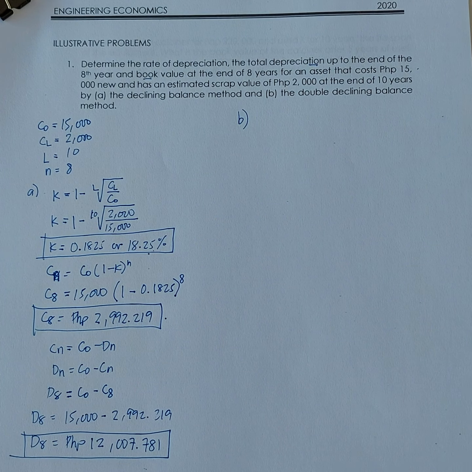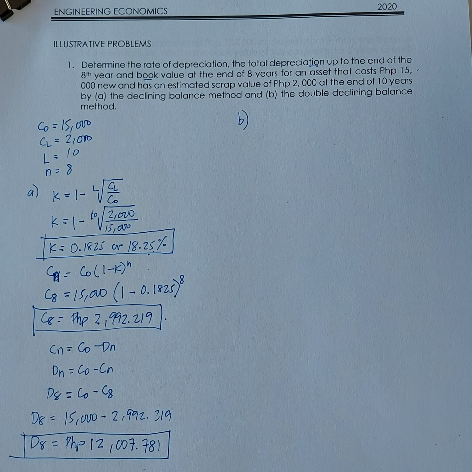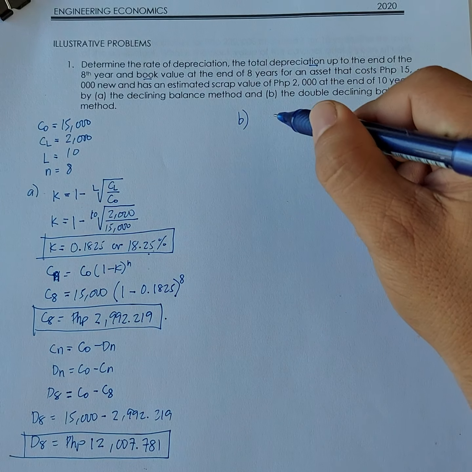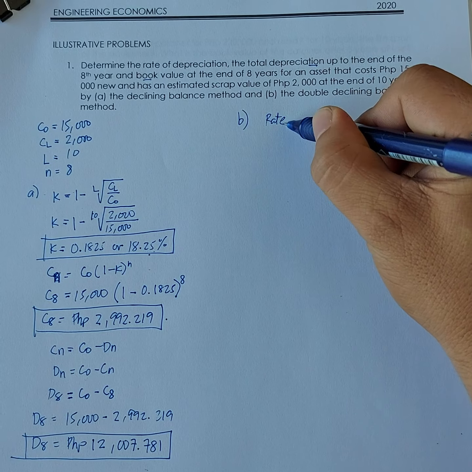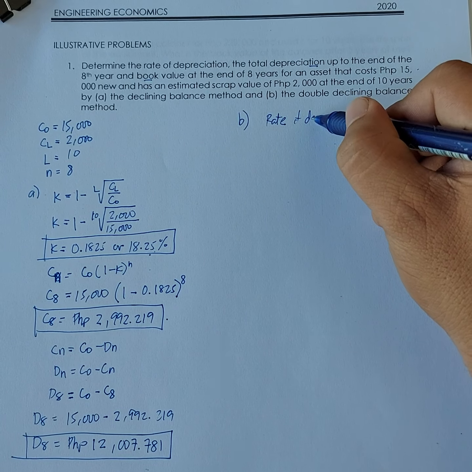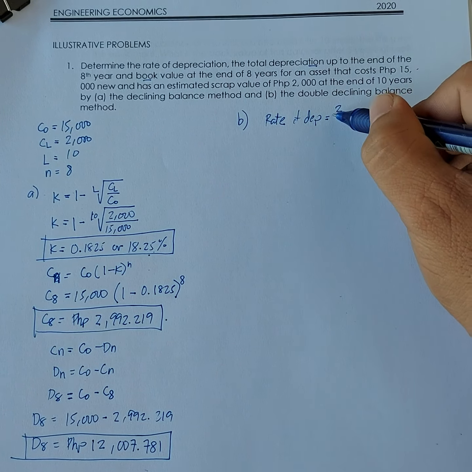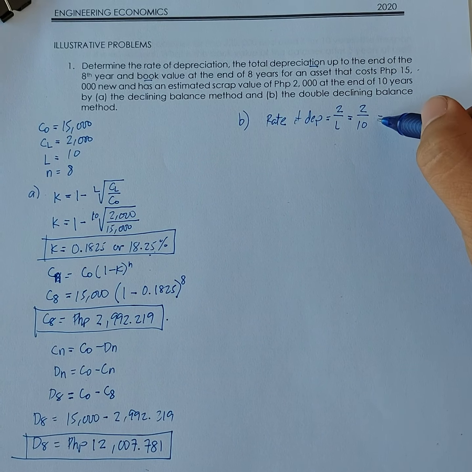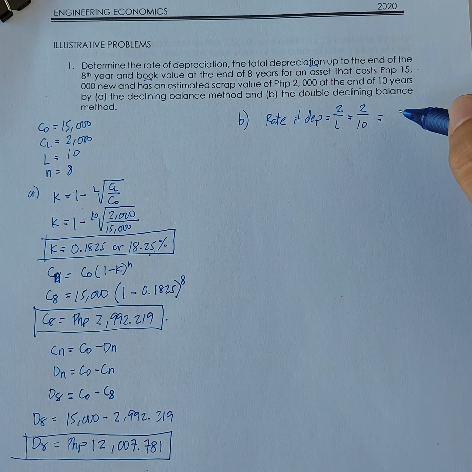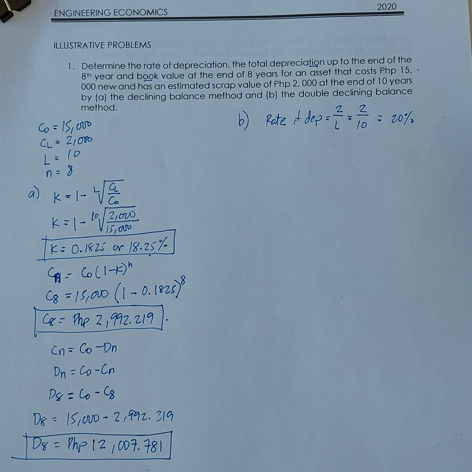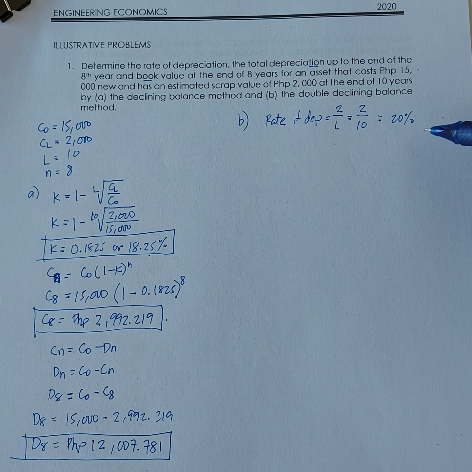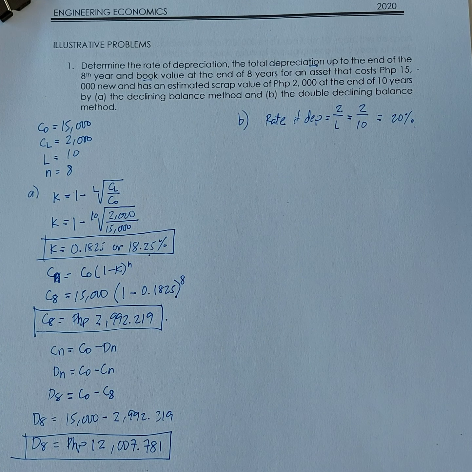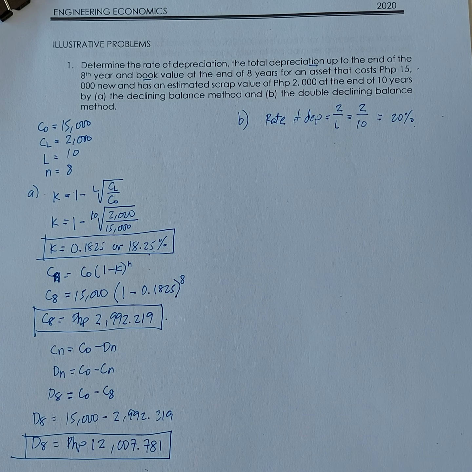For the double declining balance method, the rate of depreciation K is equal to 2 over L. In this case, L is 10 years, so we have 20%, or 0.2.